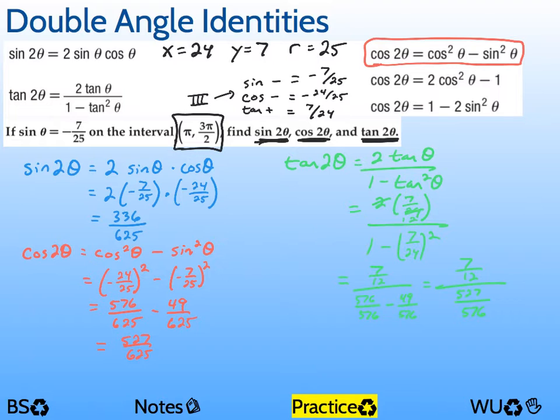Since 576 divided by 12 is 48, we can divide that by 12 and get 1, and this is 48. So now what we're left with is this weird little fraction of 7 over 527 over 48. And the way you would handle this is multiply by 48 over 48, because these would cancel, and then we'd get 7 times 48, which gives you 336 over 527. And that is your final answer.